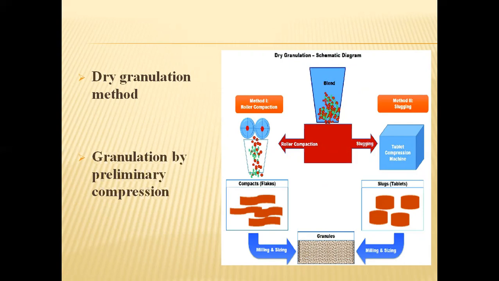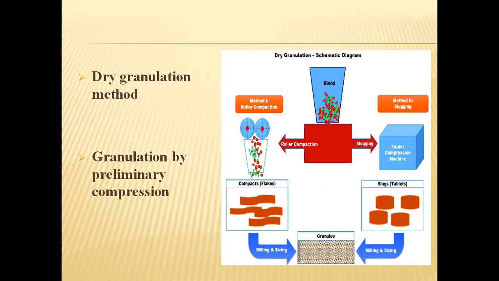This method is generally used in the preparation of tablets such as aspirin tablets, sodium bromide tablets, potassium chloride tablets, etc. Here in the diagram, we have seen that the blended powders are there. There are two methods to prepare dry granules. The first method is roller compaction method and the second method is slugging method.